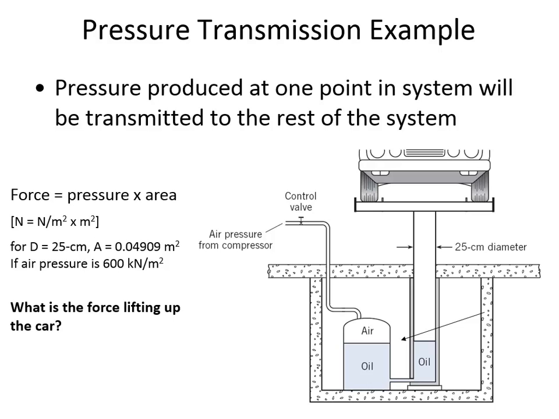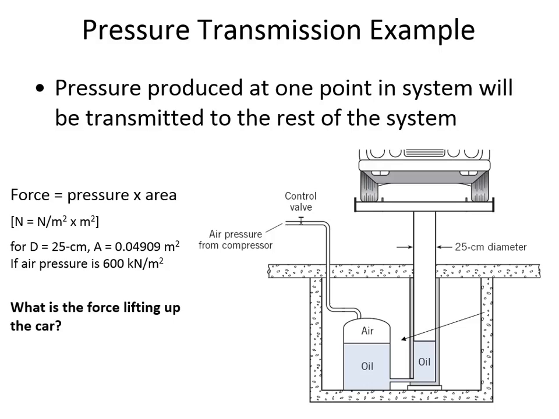What if the pressure inside of this tank is 600 kilonewtons per square meter? What does that tell us about how heavy the car is? We can calculate that just by pressure times area to find the weight of the car, because the weight of the car and the upward force that the pressure exerts on the cylinder are going to be equal to each other.